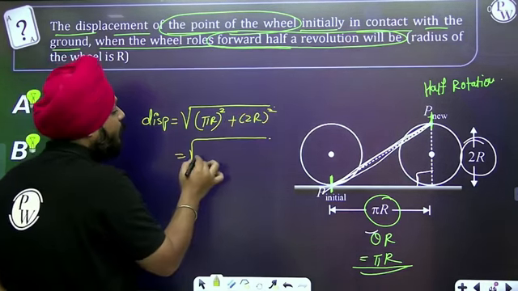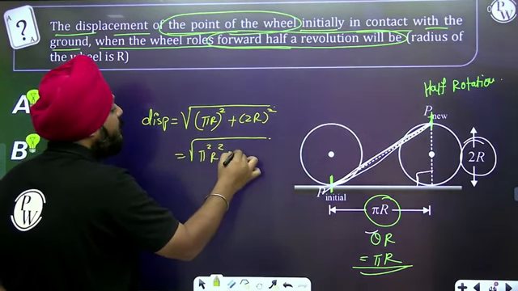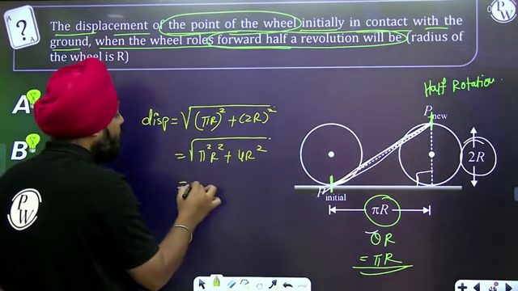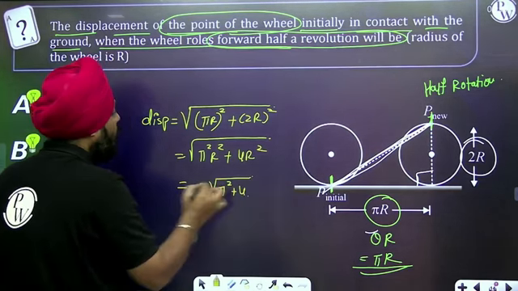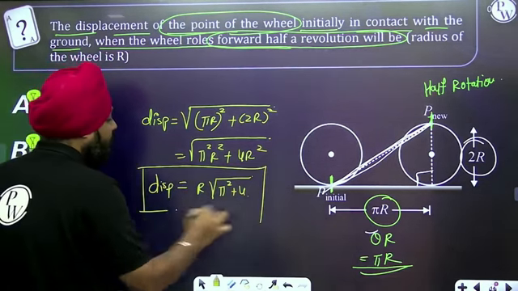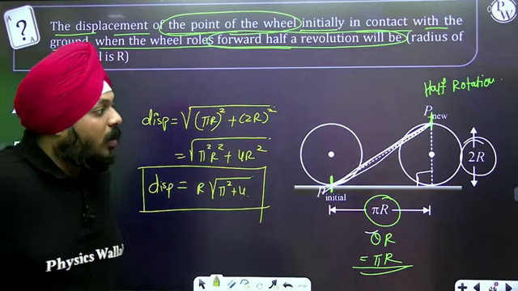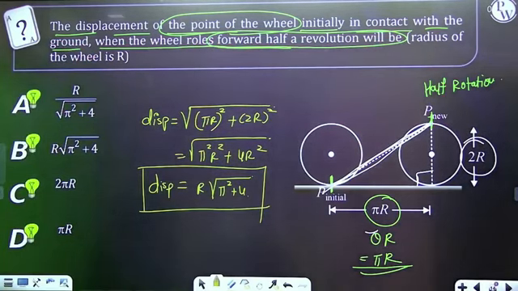So this is under root of pi square r square plus 4r square. So this is r under root of pi square plus 4. This is the displacement on completing the half revolution between the 2 points.